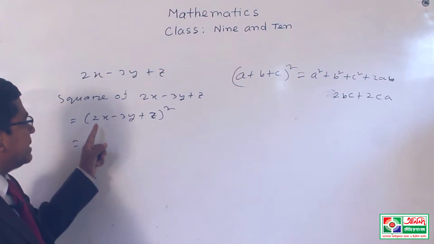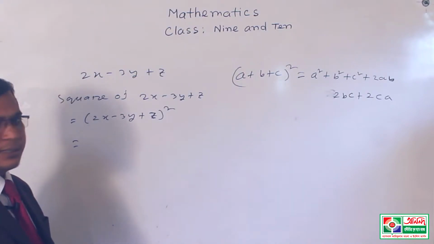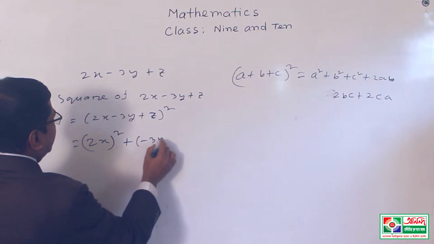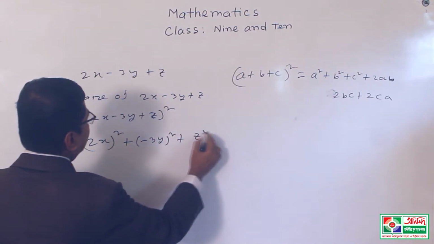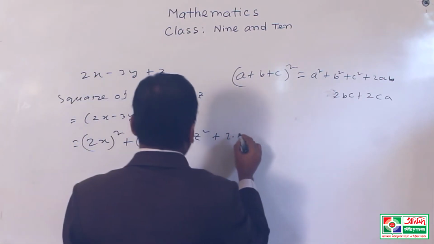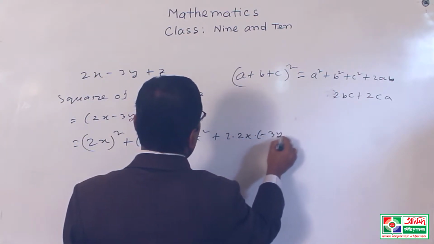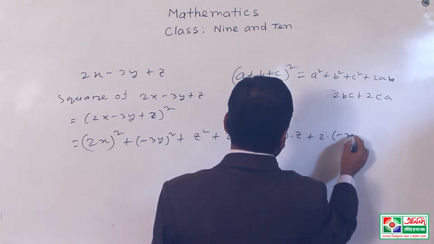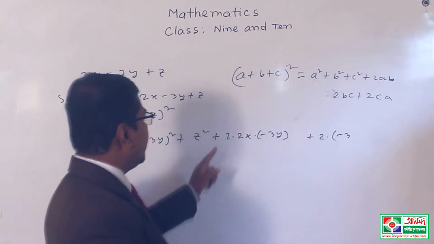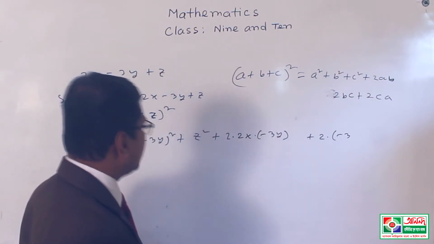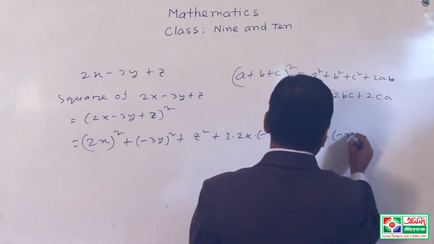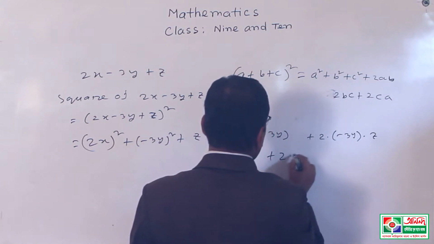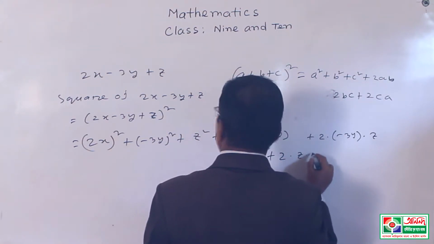Now we can apply this formula. Here look at, a is 2x and b is minus 3y and c is z, so you can write here (2x) whole square plus (minus 3y) whole square plus z square plus 2 into 2x into minus 3y, that is ab, and bc, here b is minus 3y and c is z, so you can write here plus 2 into minus 3y into z, plus 2 into z into 2x.